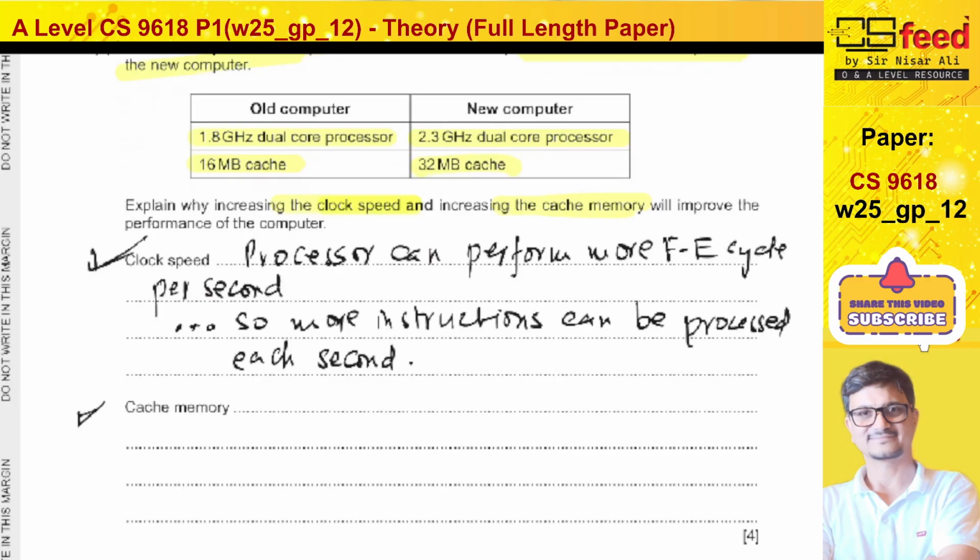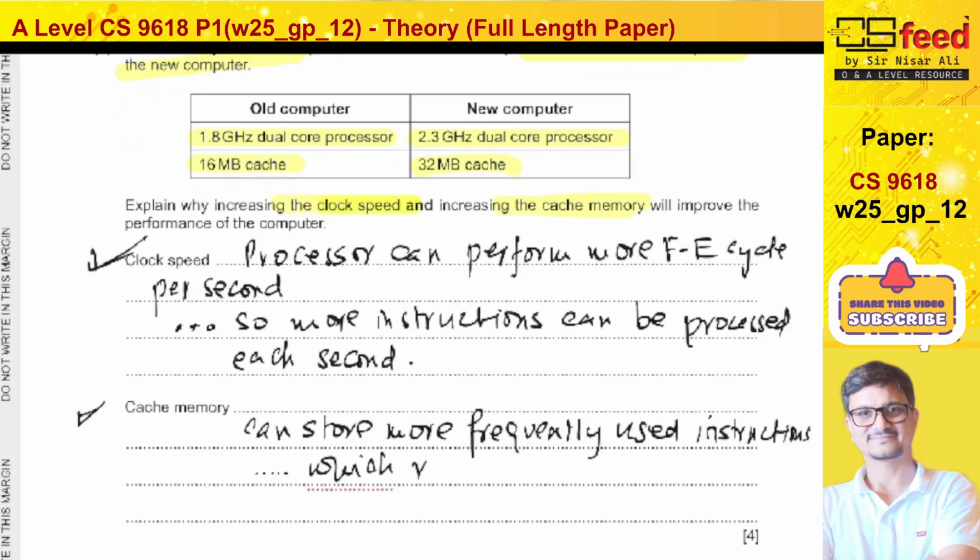And what is the impact with the cache memory? It can store more frequently used instructions. All right. And what is the impact?